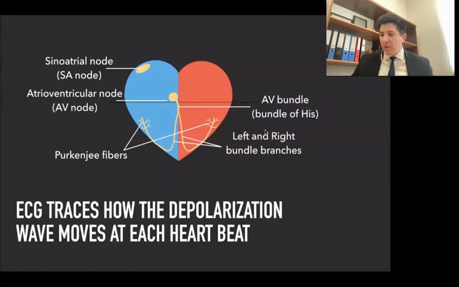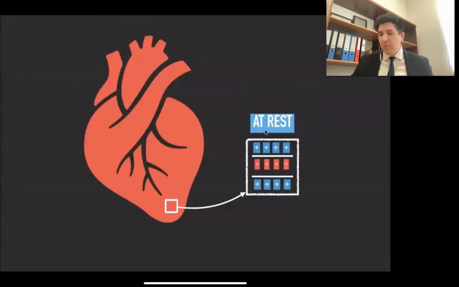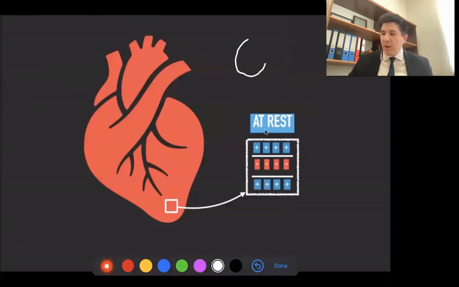If you don't remember what is called depolarization, let's look at this in more detail again. I would like to look at one of the cells, one of the myocardiocytes of the heart. We discussed this in previous lectures. We've got the plasma membrane, or the membrane potential, which separates the charge. We have negative charge inside and positive charge outside.